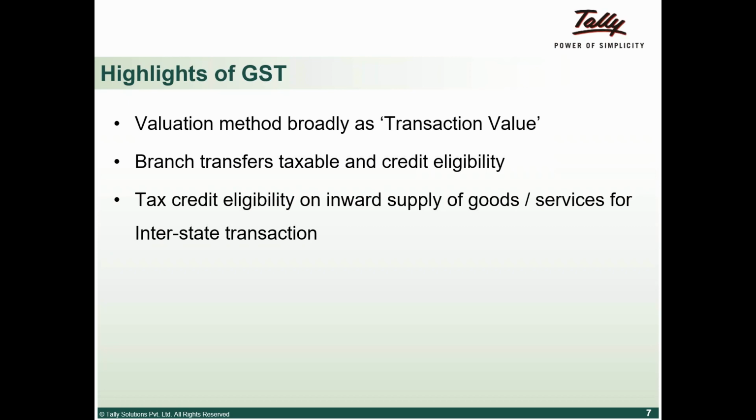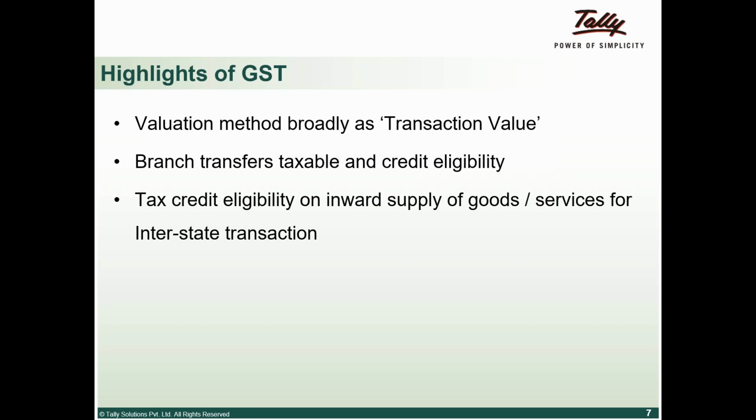Now, if I provide a C form to my supplier, then it is going to be charged at 2%. So let's assume that I have issued a C form to him, and he is going to charge me 2% CST. Now I get this material into my place of business in Bangalore, Karnataka, and this 2% tax that I have paid, I am not currently eligible for input tax credit, since it is an interstate transaction.